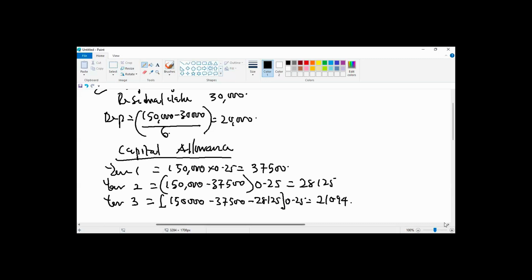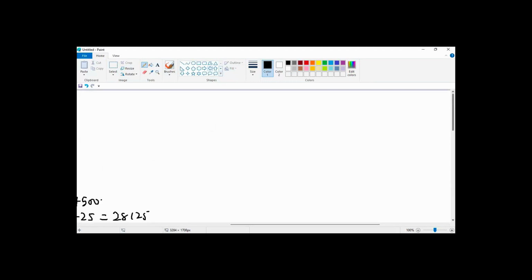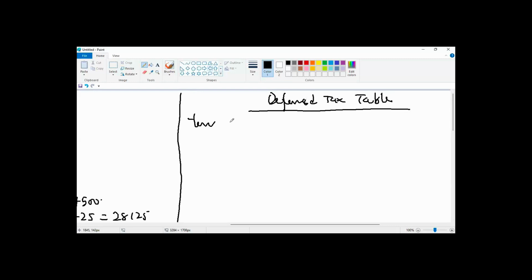Let's draw the table here. Okay, let me have my deferred tax table. I will say here: the carrying amount. Don't forget who uses the carrying amount.